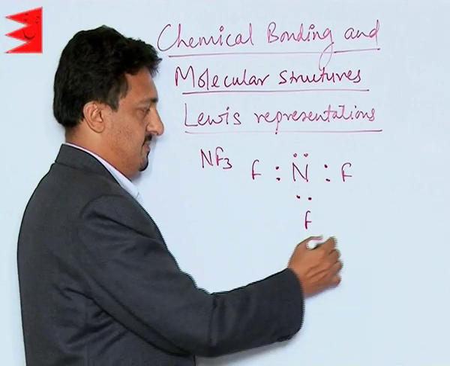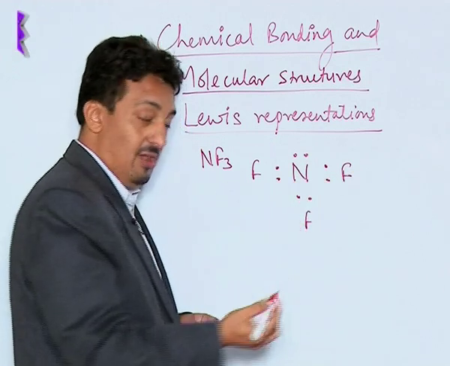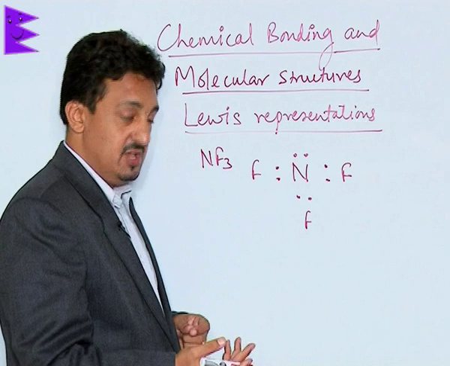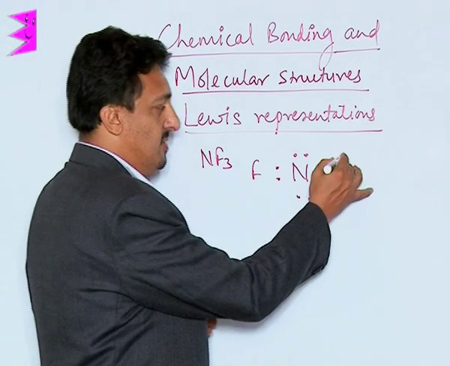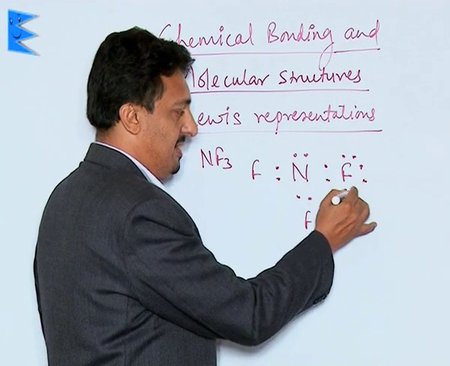So it is like this. Each fluorine, we already know, has 7 electrons, so it is short of only 1 electron and needs just 1. This is how fluorine is also able to complete its octet.